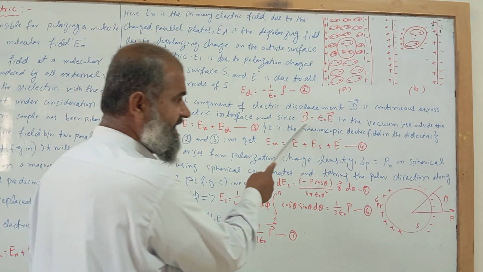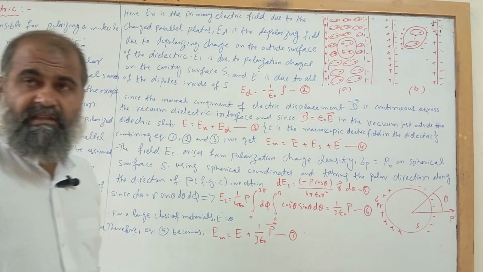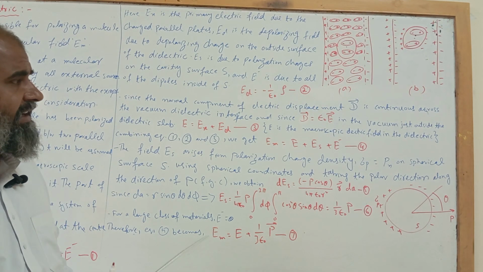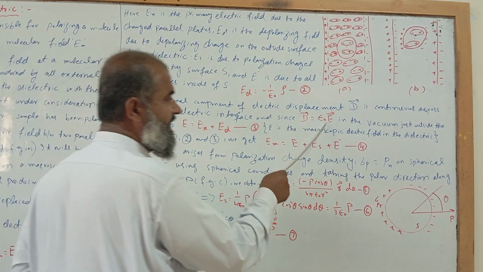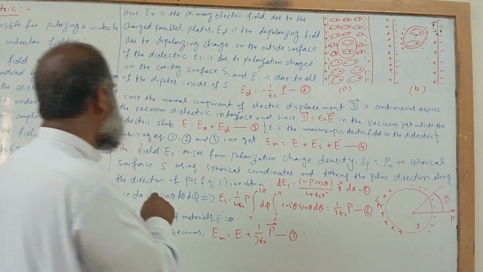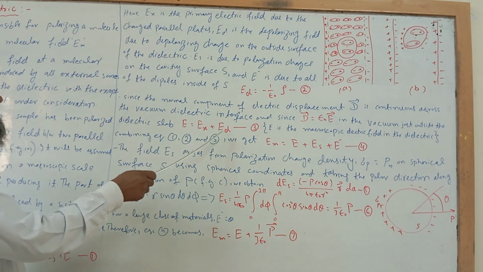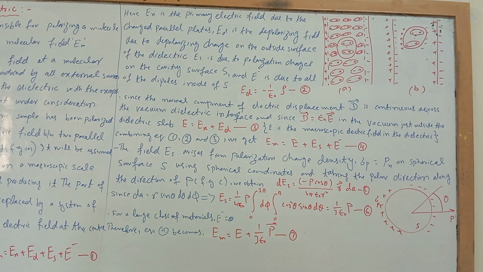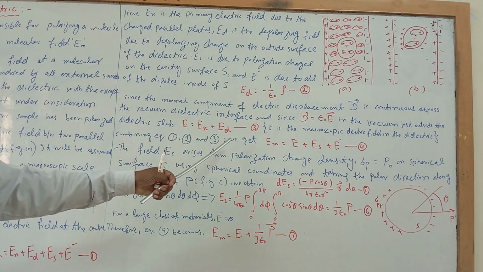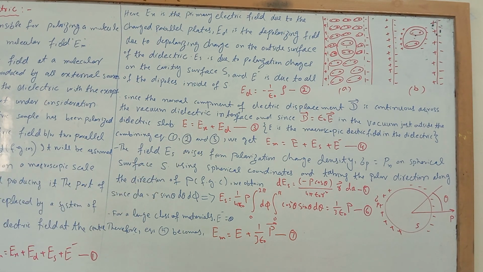There, and we know that D is equal to epsilon naught E. The electric displacement is given by epsilon naught E in the vacuum just outside the dielectric slab. Therefore, E will be equal to Ex plus Ed. The electric field will be equal to Ex plus Ed. What is E?